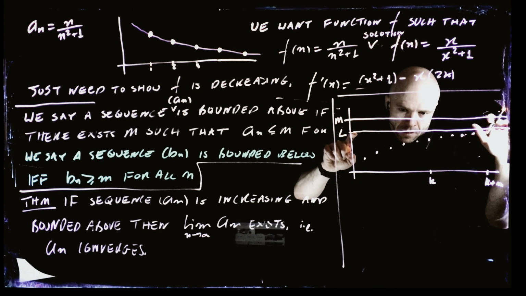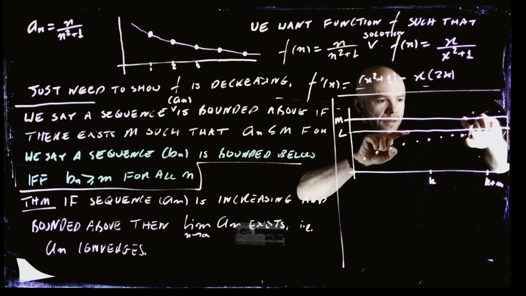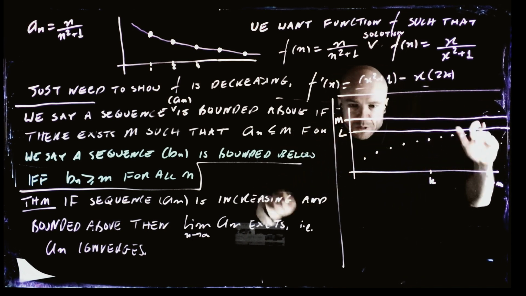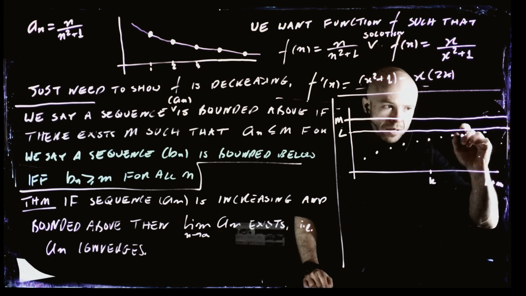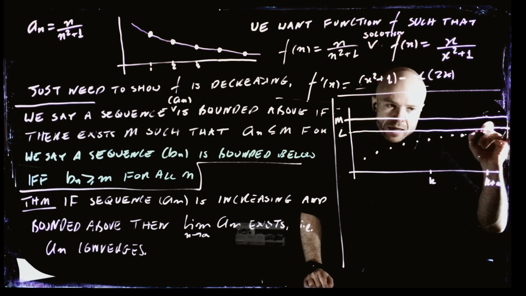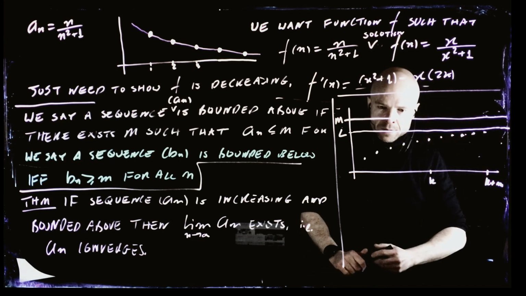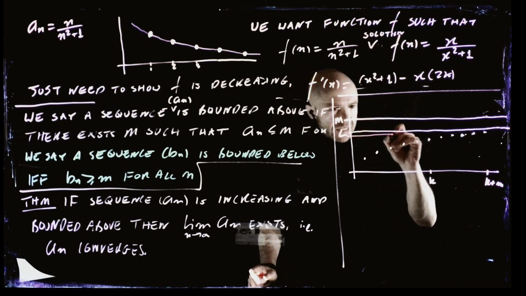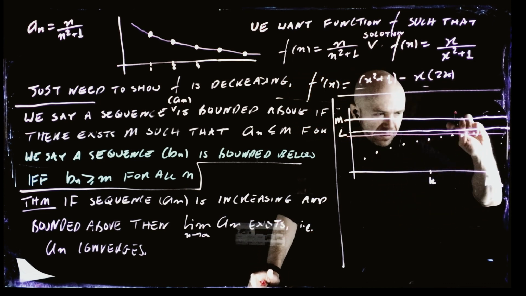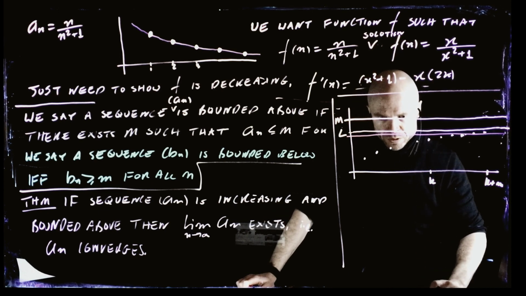If there's a gap between these terms and the number L, then it's not the smallest number which is bigger than all of them. So ultimately, we're being squeezed closer to it because we're always going up, and this is the smallest number bigger than all of them. So we can ultimately guarantee that all the elements of our sequence are within some thin strip of this number L. You see what I mean?